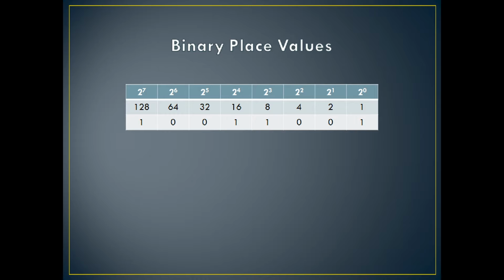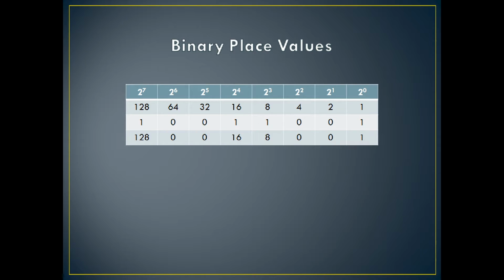So let's add a row to our table here and fill in the values for each column. You'll see in the leftmost column there's a 1, so the value of that column is 128. The next column over, the 64 place, there's a 0, so that's going to equal 0. The next column is also 0, so that will equal 0.